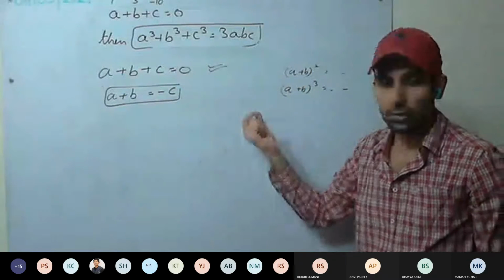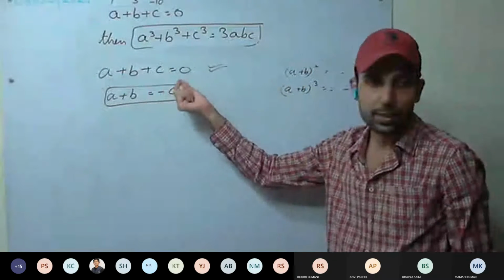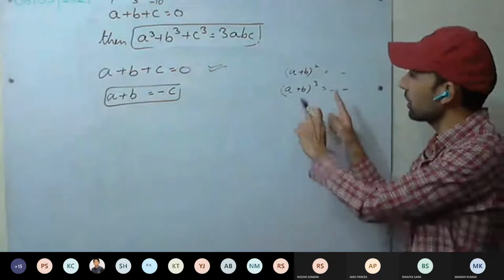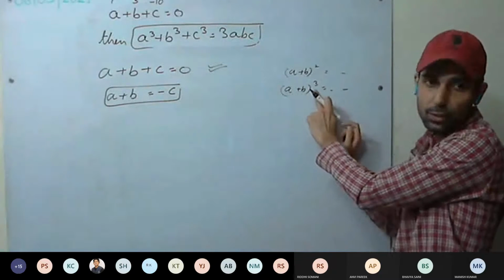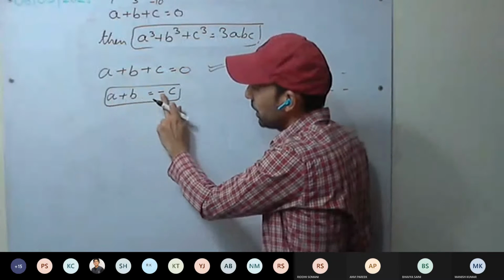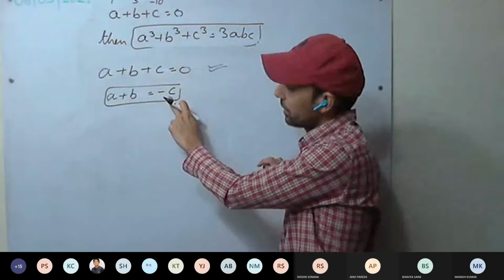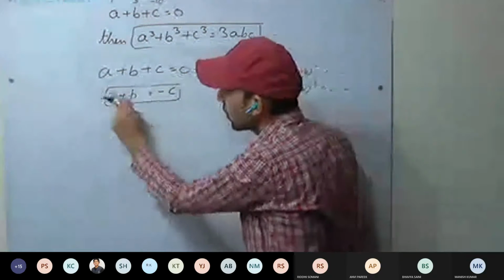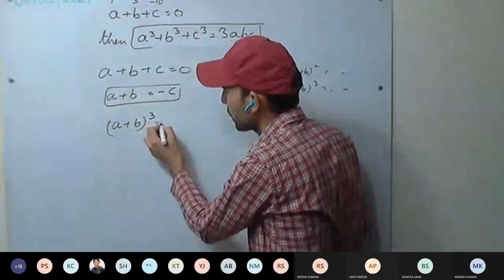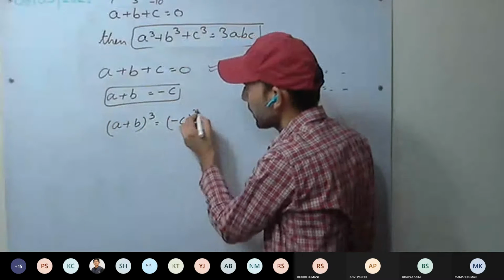Now we have to cube it. Till now we have discussed only two variables cube. So we can rewrite this equation as A plus B equal to minus C. Now cube both sides. A plus B the whole cube equal to minus C cube.